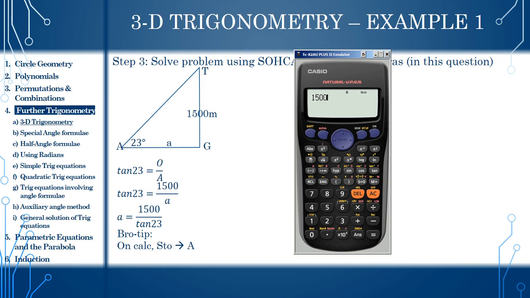So 1500 divided by tan 23, and I'm going to store, so note that carefully, shift, store, this RCL button just above 7, and I'm going to put it into A. Just above the recall button, just above the store button, there's a red A on top. I'm going to store it into A. Now the calculator will remember the exact value for me, and it saves a lot of algebra towards the end. And you'll see in a second why it can get so complicated so very fast.